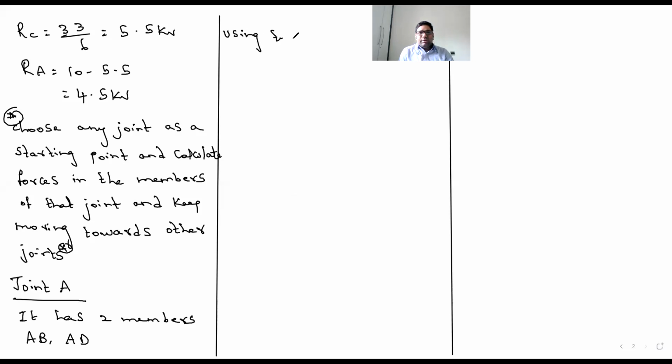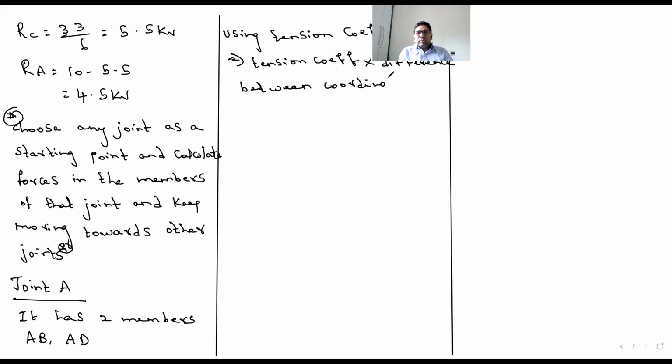So using the tension coefficient method, it implies tension coefficient into the difference between coordinates of the member in x and y directions, of a chosen member.